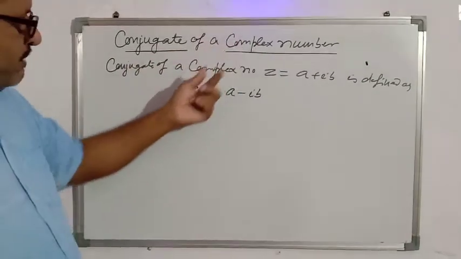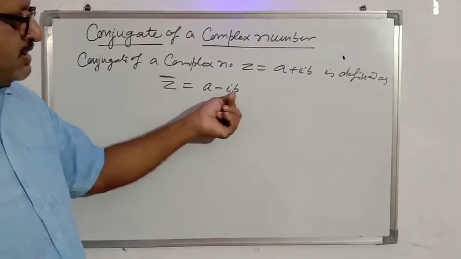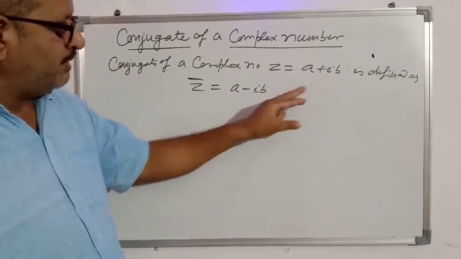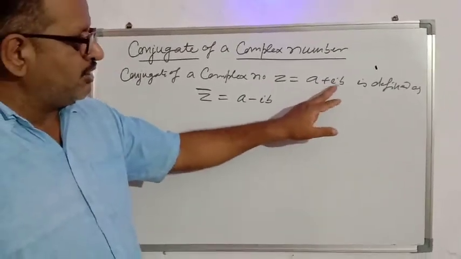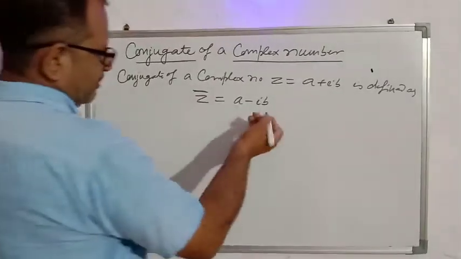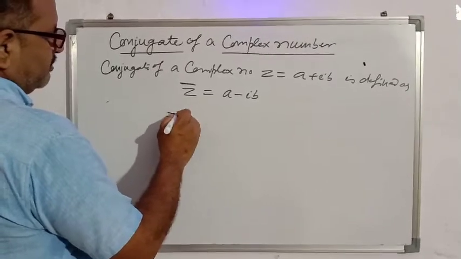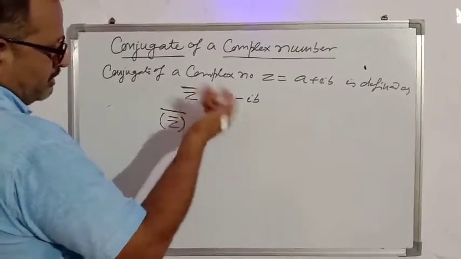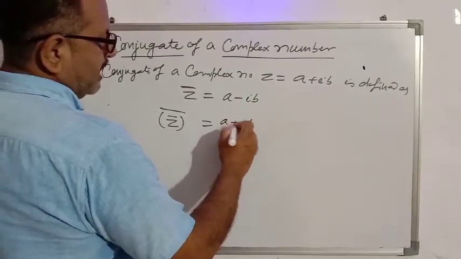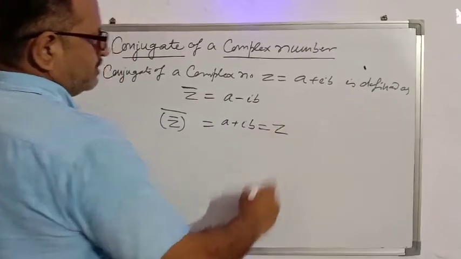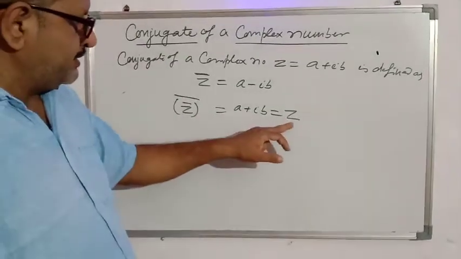If the complex number is a plus ib, its conjugate will be a minus ib, means we will change the sign of the imaginary part. If we take again the bar of z bar, again we will change the sign of the imaginary part, so it will become a plus ib, and a plus ib means z. So bar of z bar will be z.